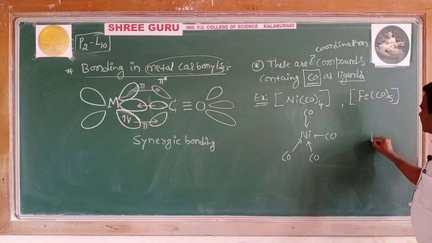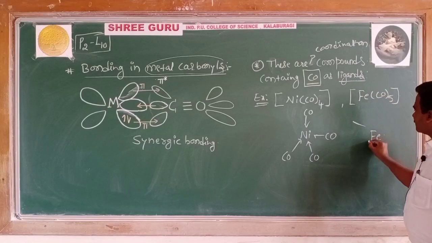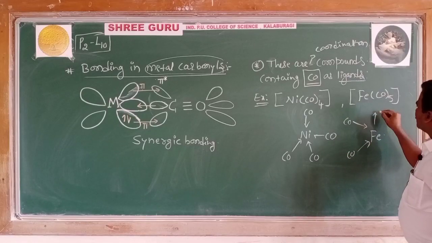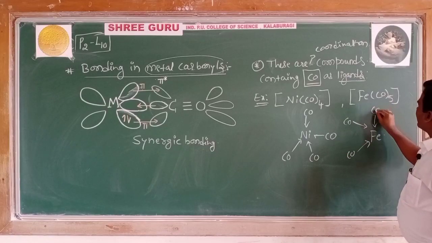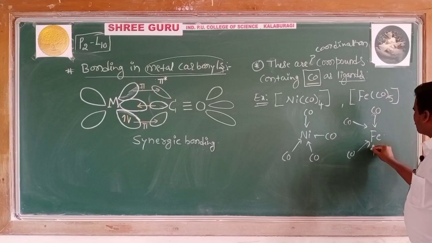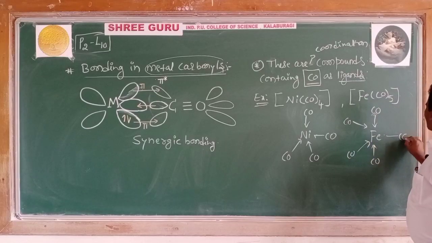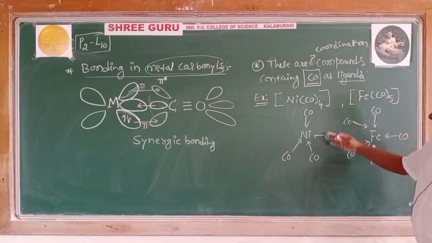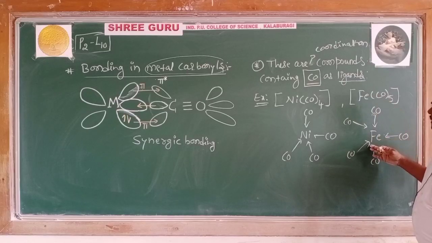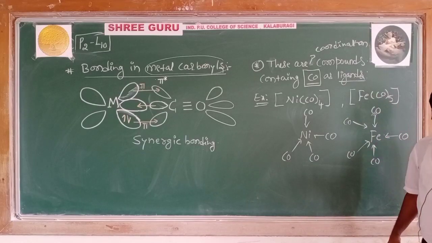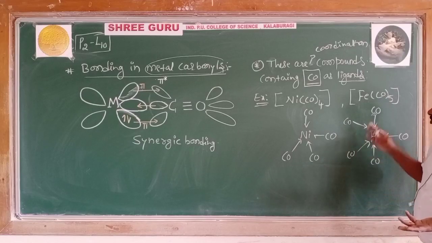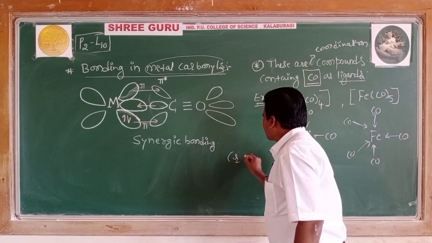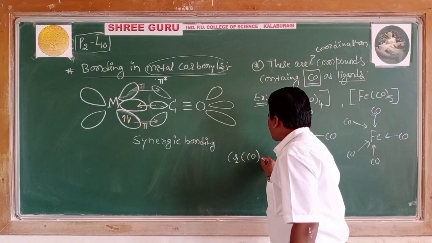And looking into pentacarbonyl iron, you have the CO groups like this. These are the related structures. So nickel tetracarbonyl, iron pentacarbonyl, and you can have cobalt hexacarbonyl also, or chromium hexacarbonyl, Cr(CO) 6 times.